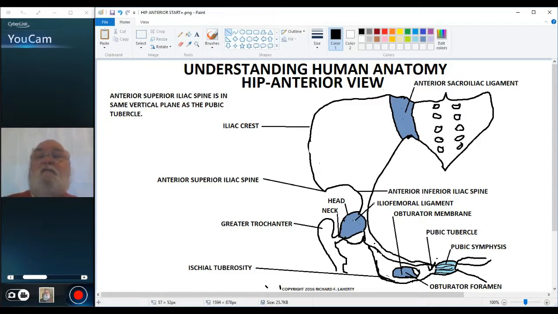And then we have another ligament running from the pubic bones over to the femur. And this ligament is the pubofemoral ligament. And we'll label that.